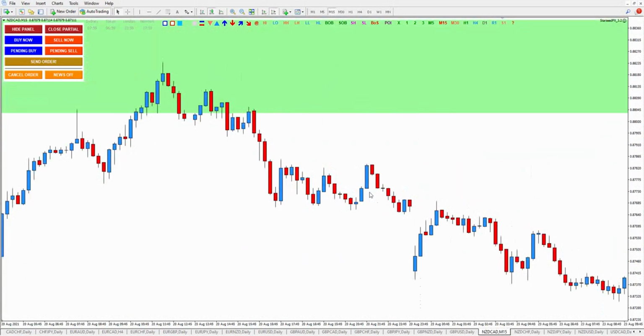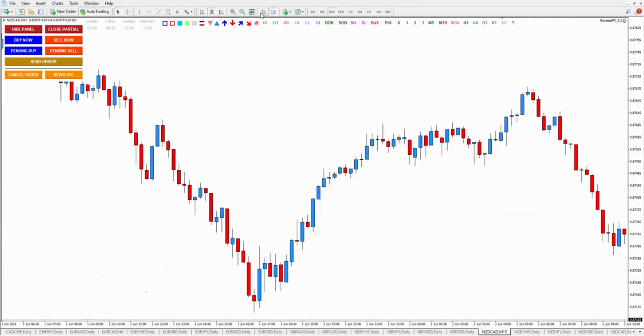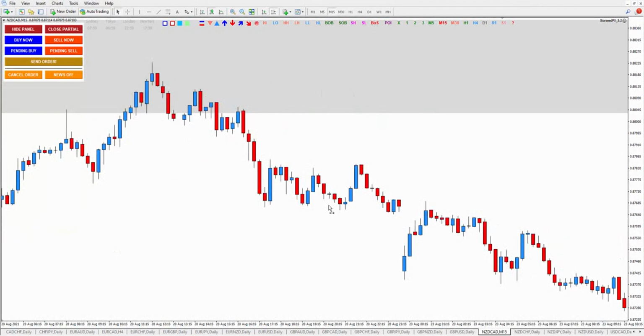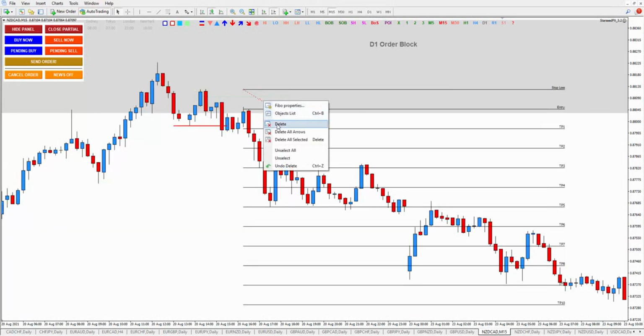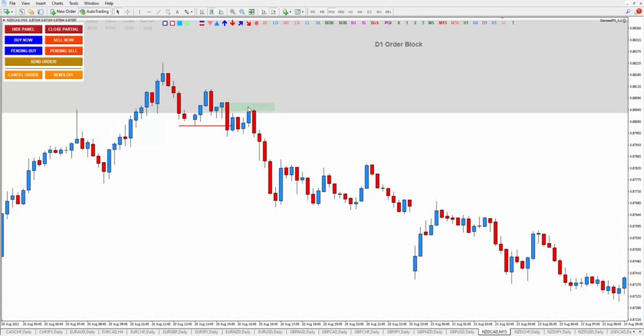If some of you got it, for example, let's just make this a different color. Okay, so here is the gray color, and let's go to M15 or M5, whatever, especially M1, it can give you more. So this is the daily order block. We are now on M15. Now take a look. Here is the break of structure, and here is the order block. This one, the last bullish candle before the breakout happened.